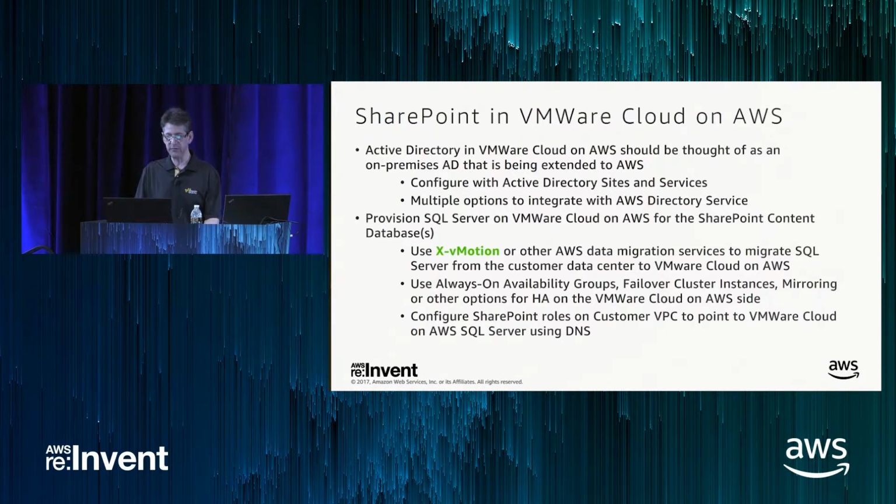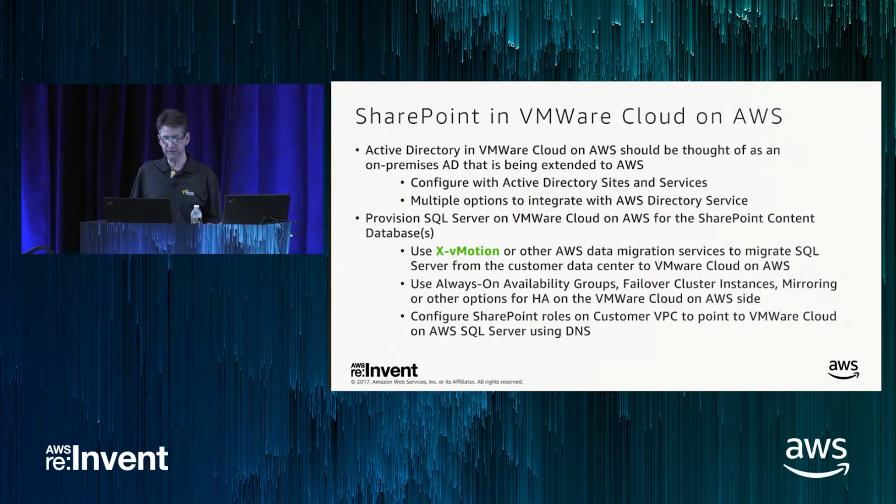Then the next point is SQL Server. I mentioned that SQL Server has great storage capabilities and is a very well-known workload in the VMware world. So provisioning SQL Server on VMware Cloud gives you a number of capabilities that make it easy to migrate to the cloud and make the cloud an easier next step.